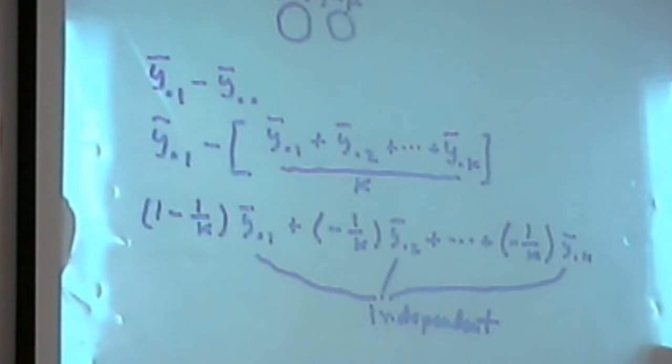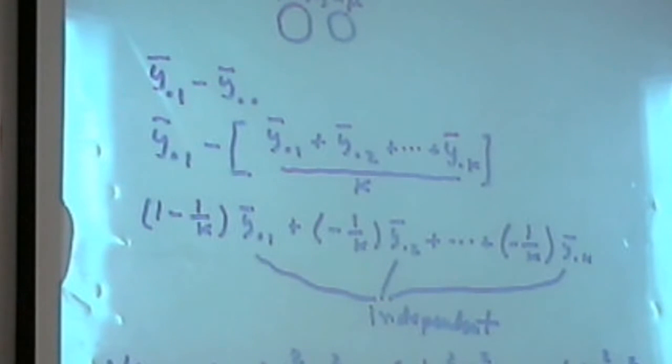So the variance of this thing, using that rule, is going to be 1 minus 1 over k squared, sigma squared over n, plus minus 1 over k squared, again another sigma squared over n, and that keeps going, minus 1 over k squared, sigma squared over n, like that.